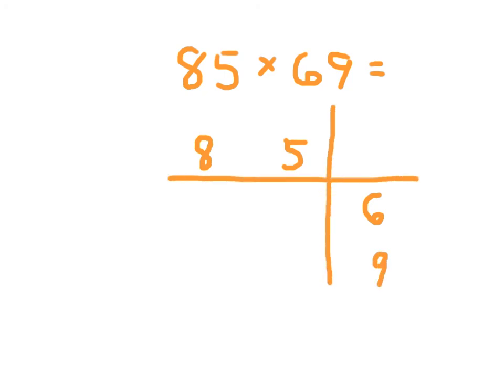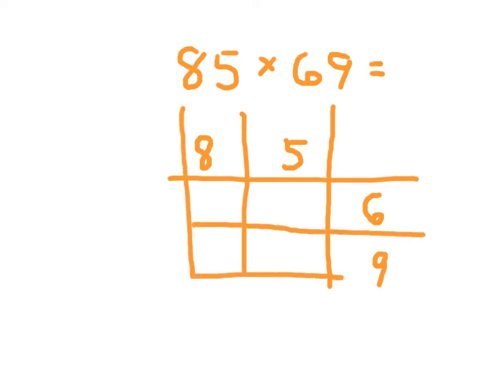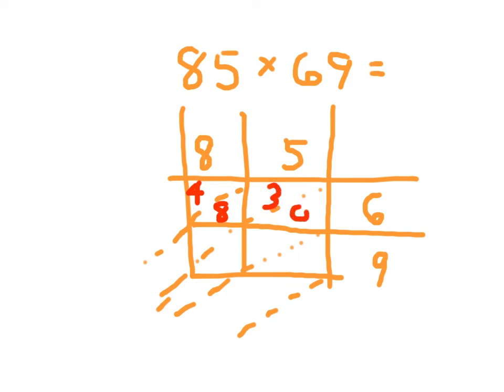Setting up the rest of my lattice here, before I start multiplying, along with my diagonals, and I'll switch up colors as I'm multiplying. 8 times 6, which is 48. 5 times 6, which is 30. 8 times 9, which is 72. And 5 times 9, which is 45.